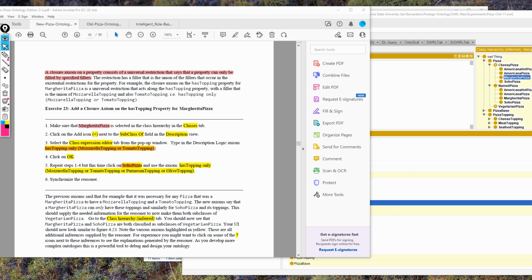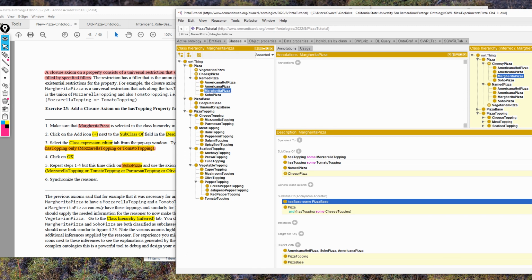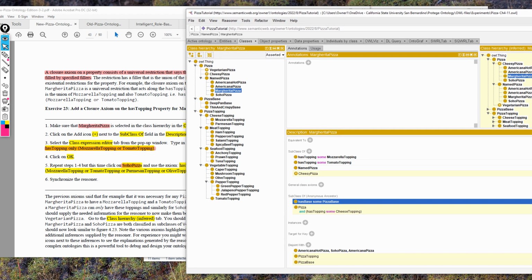Okay, so the restriction has a filler that is a union of the fillers that occur in the existential restriction for the property. So what we are going to do is add a closure axiom on the has topping property for the margarita pizza and the soul pizza, so that these two pizza now become classified as vegetarian pizza, right?